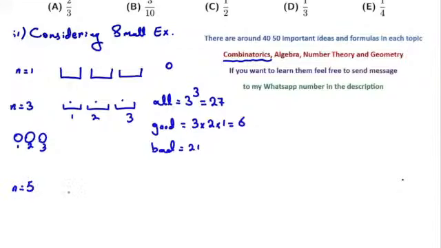n equals 5. Okay. Now let me tell you something. Here I try to find a way to calculate it in terms of 3. I say what? If we place 1 to 3, then we reach a good case or bad case. If it is a good case, then we have odd.